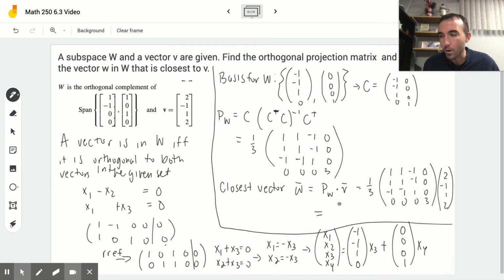And it turns out our closest vector is 0, 0, 0, 2. So after all that, lots of zeros in the final answer.